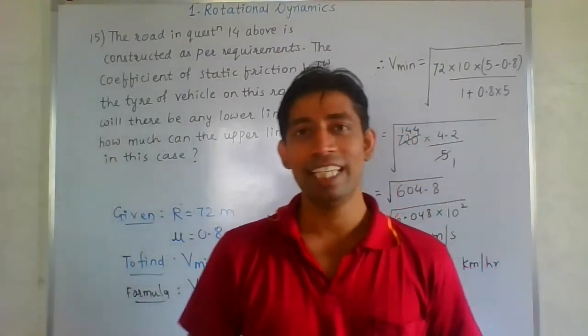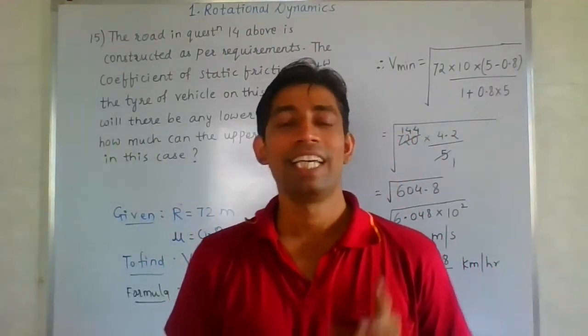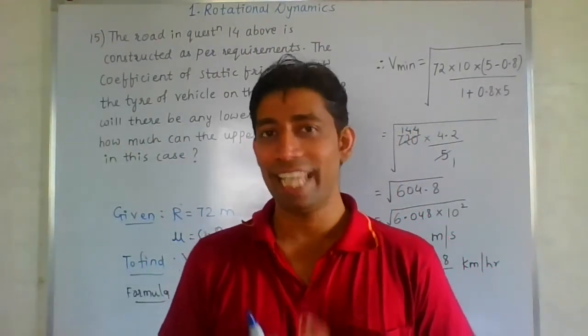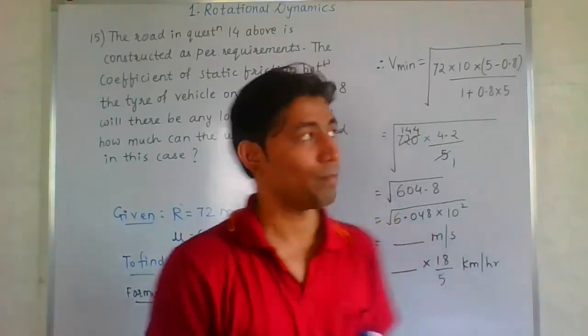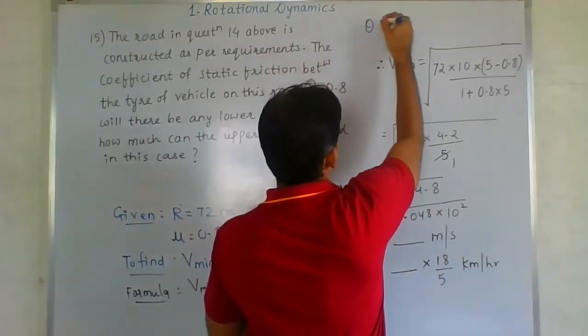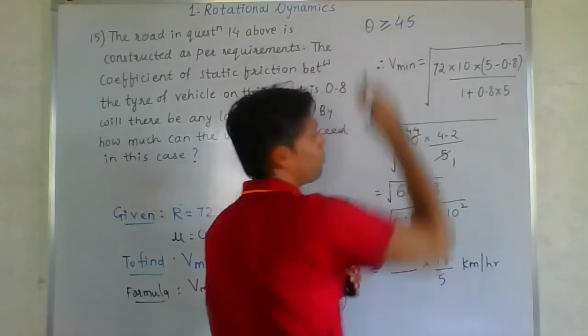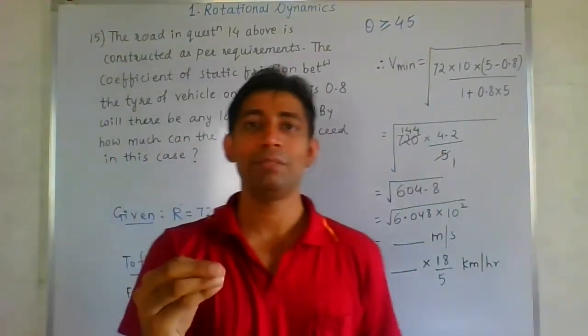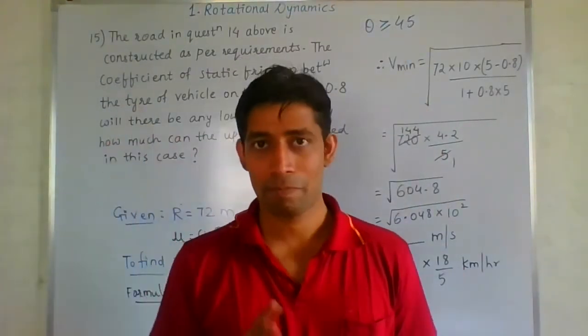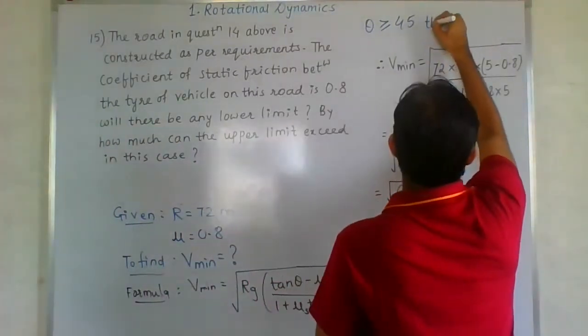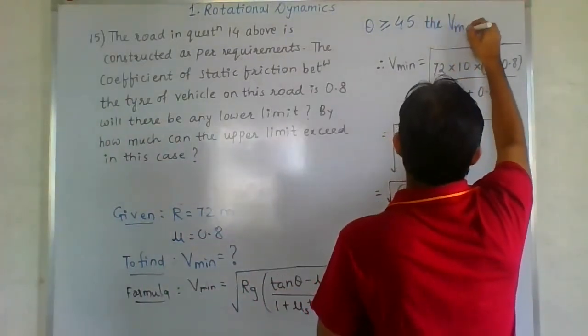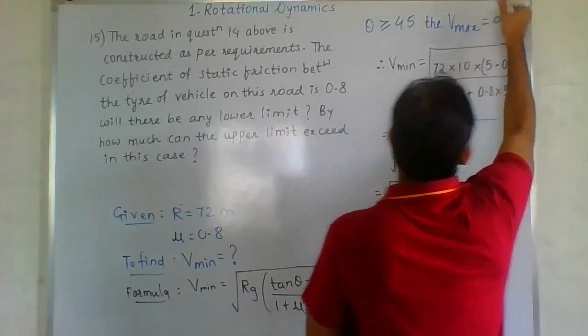So in this case you should remember one thing कि अगर angle 45 degree है या फिर उससे ज्यादा है, if theta is equal to or greater than 45 degree, तो maximum limit infinity हो जाता है. Then V max becomes infinity.